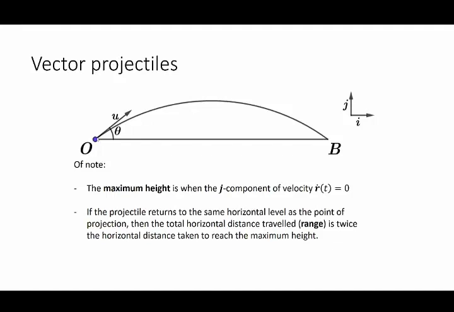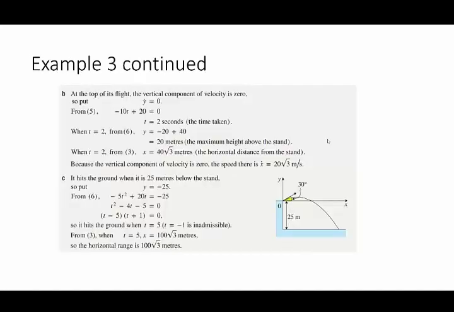So things like the vertical speed would be 0 at the top of that point here. Things like the displacement would be the same here, this is vertically, as it would over here at B in terms of the vertical displacement, but the horizontal displacement will tell me what the whole range is, and so on. So all the same things apply as usually apply with projectiles.